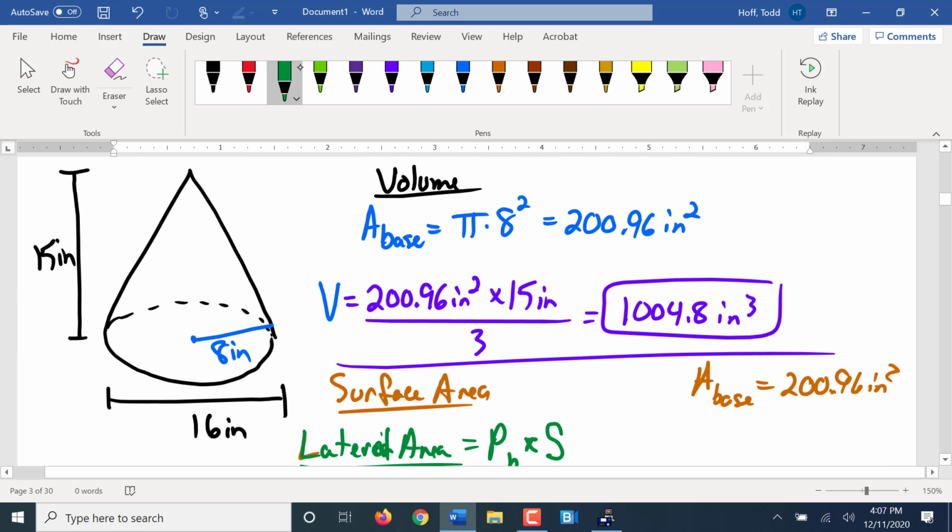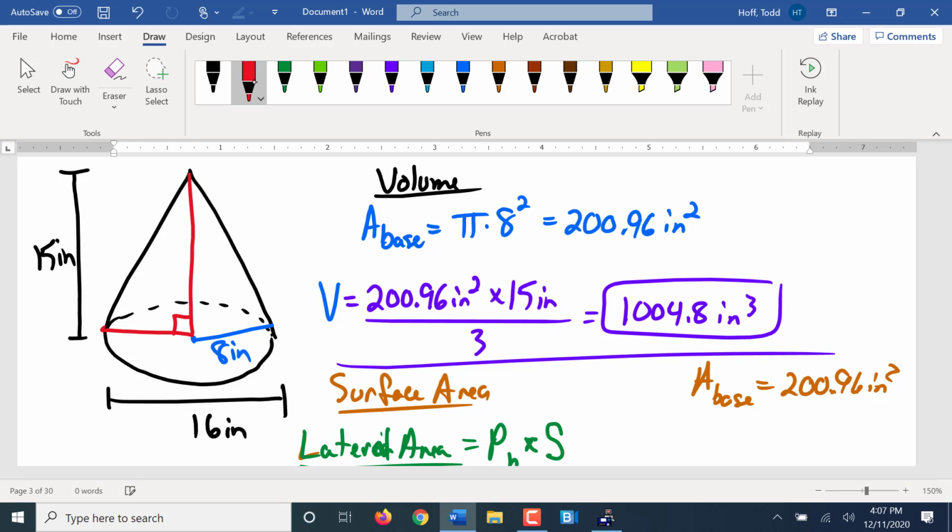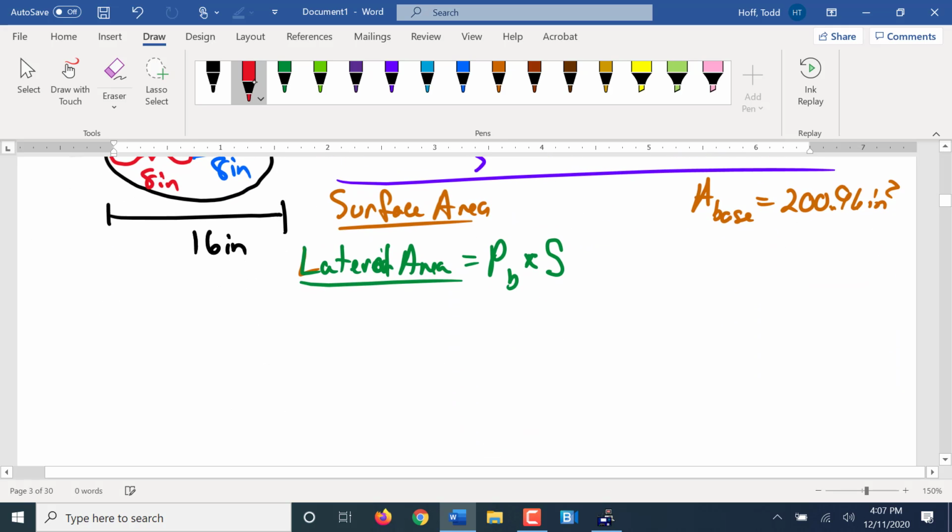How do we find the slant? We make a right triangle in here. Good. What's this dimension? 8, just our radius. How about this dimension? 15, just our height. So it's 8 squared plus 15 squared equals that slant squared.